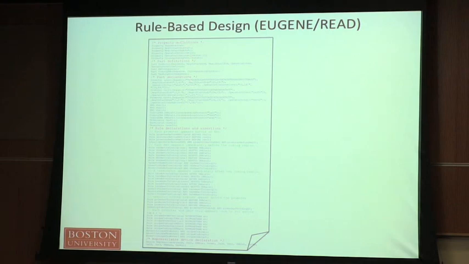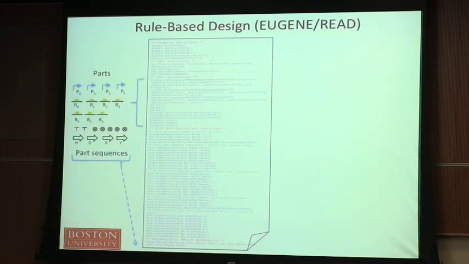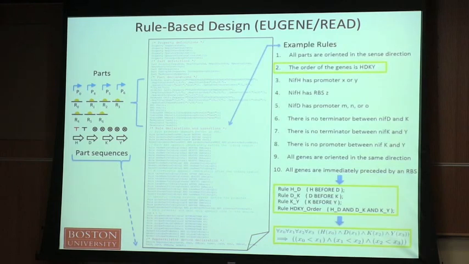Instead of having a single construct that you're trying to build, you identify the parts that are in your system. Underneath this file, you would get all of the DNA sequences for the parts in the system. And then instead of saying this particular construct is this combination of parts, you create rules in your system.